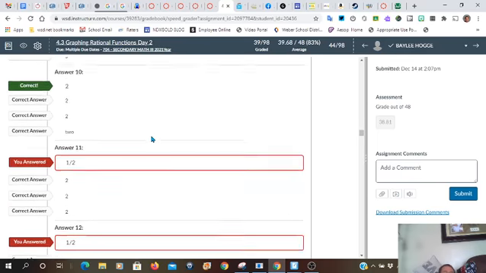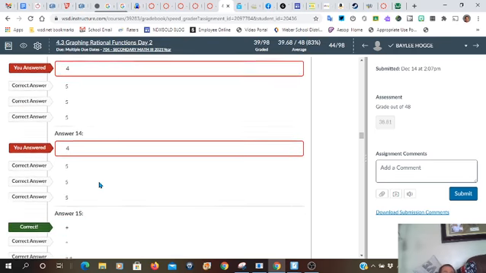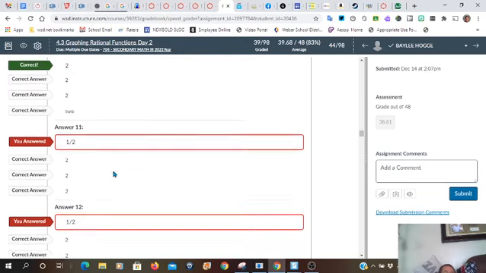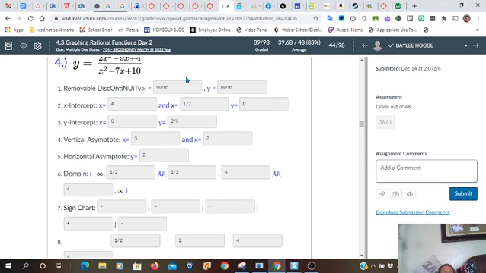But when we get to answers number 11, 12, 13, 14, let's take a look at those. Oh, those are the weird ones, huh? 1, 2, 3, 4, 5, 6, 7, 8, 9, 10, 11, 12, 13, 14. So that's for the domain. The domain is all real numbers except for what? The vertical asymptote and the hole, if there is any hole.